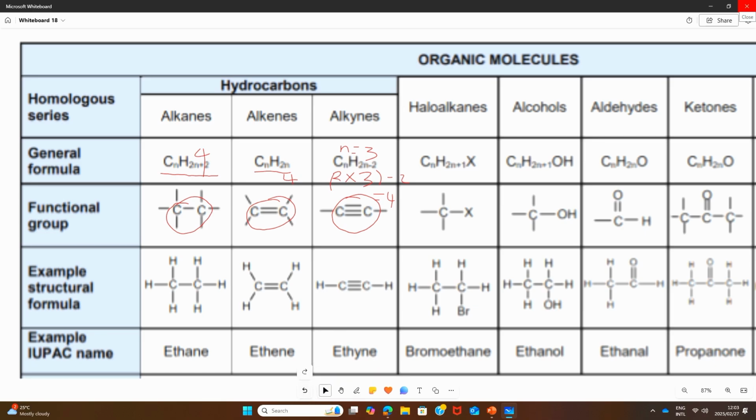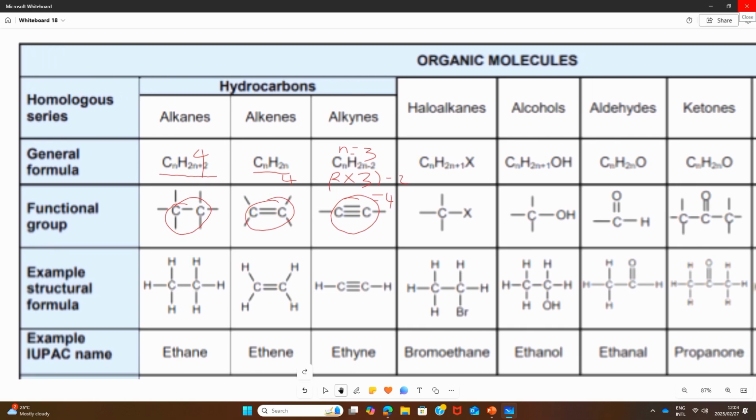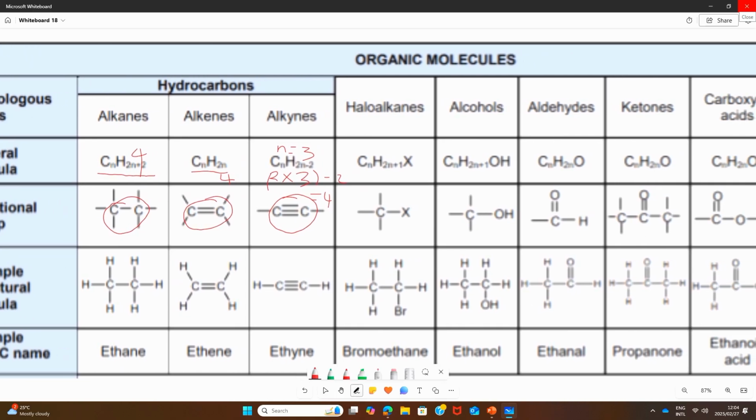The next homologous series that I'm going to take you through is haloalkanes. You will remember halogens when you did the periodic table of elements in grade 10, that these are all your group 7 elements. In particular here, we'll be looking at the elements fluorine, bromine, iodine, which will be attached to our organic structures. Now, haloalkanes have the general formula CnH2n plus 1 X, not plus 2.